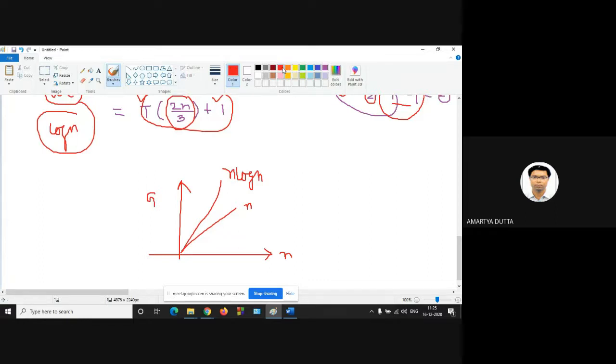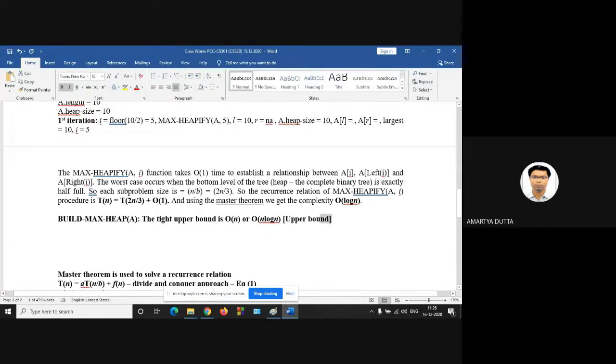So we examine that n log n is larger than n. It is obvious. So n log n is an upper bound. This is correct. But it is not asymptotically tight upper bound.